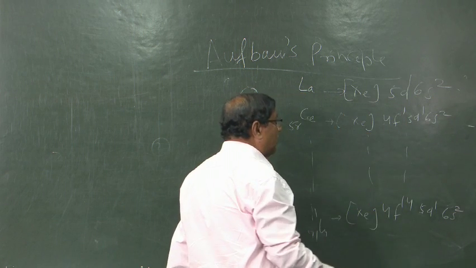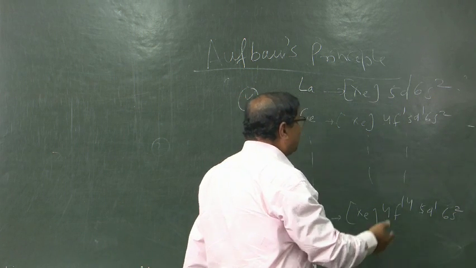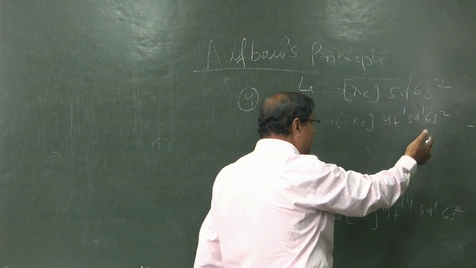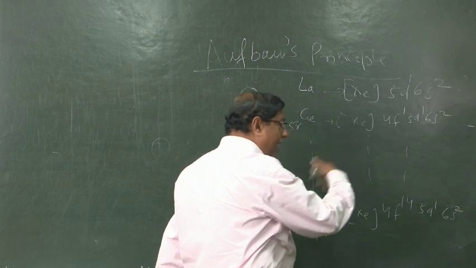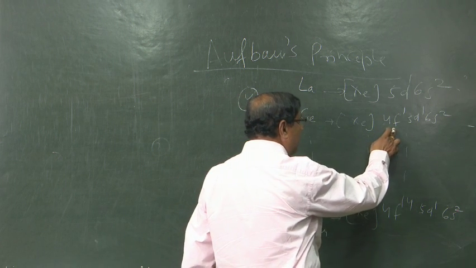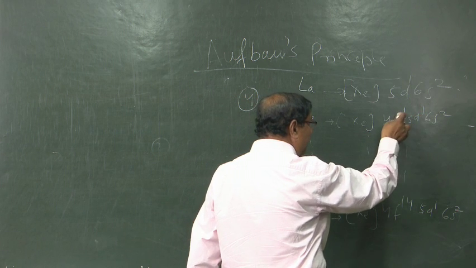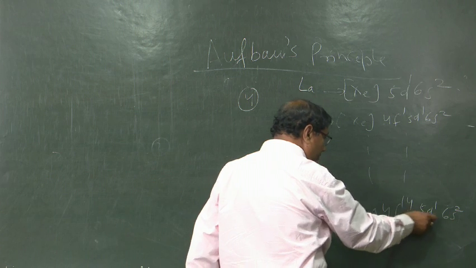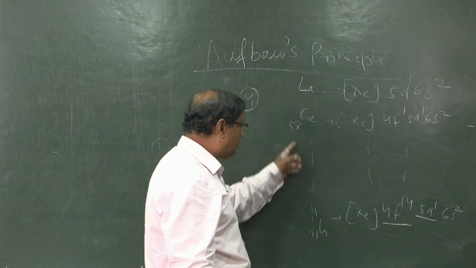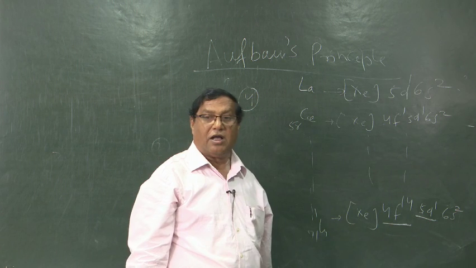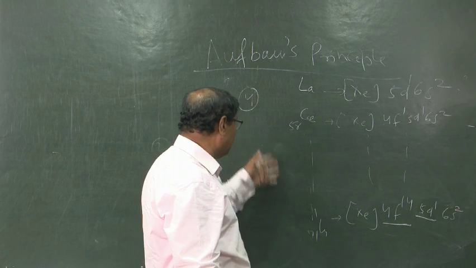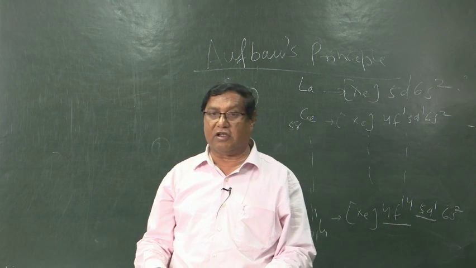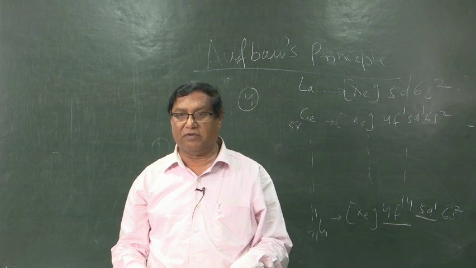So the next electrons should go to 5d, making 5d2, 5d3, 5d4. Instead of that, they go to the f orbital. It becomes 4f1, 5d1 remains the same, then 4f2, 4f3, 4f4, like this up to 4f14, instead of going to 5d. So this also goes against the above principle. Similarly for actinides. So these are the deviations or limitations of the above principle. Thank you all.